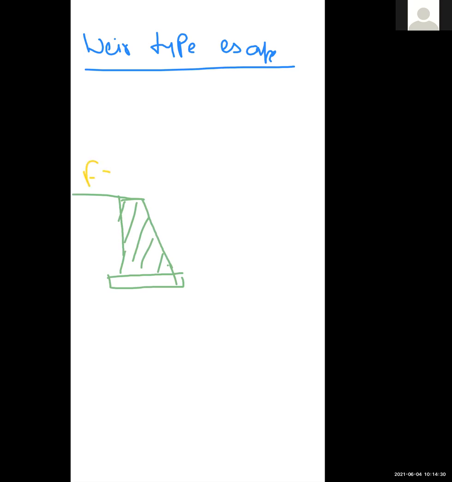Here is the canal bed, the yellow lines, and here is the pitching. Here is the pitching, and here is the natural drain.